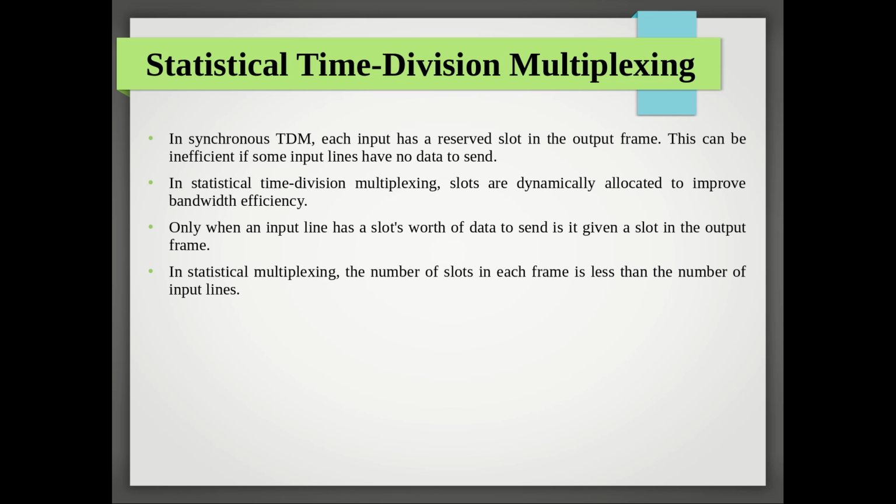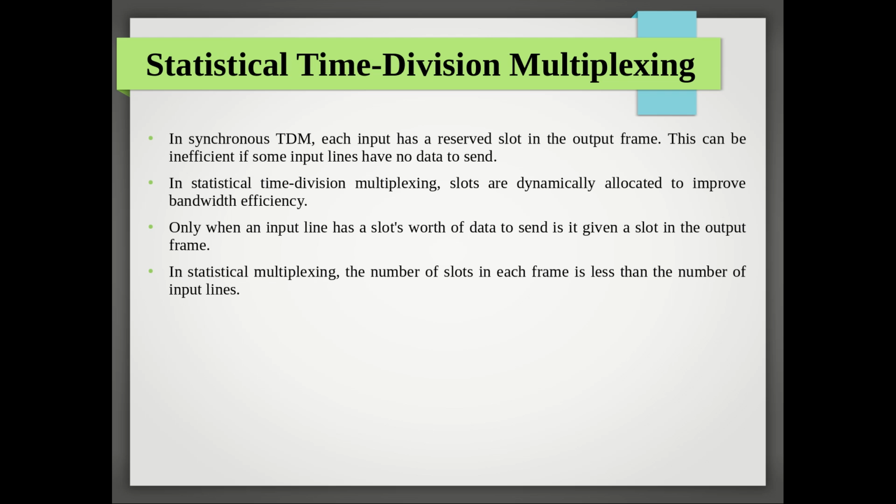As we already discussed in synchronous TDM, if there are 5 input lines, there will be 5 slots in the outgoing link. But in statistical TDM it is not like that. It can be less, because we assume that not all 5 want to send data at all times, or even if everybody wants to send information, it can still handle it.